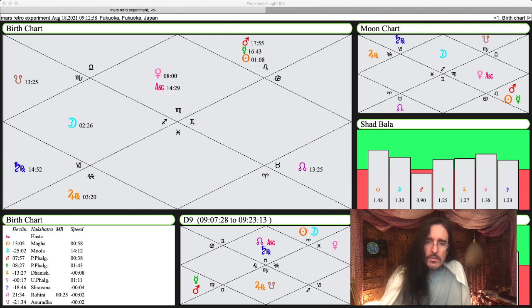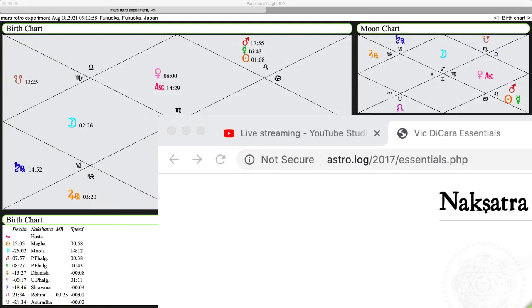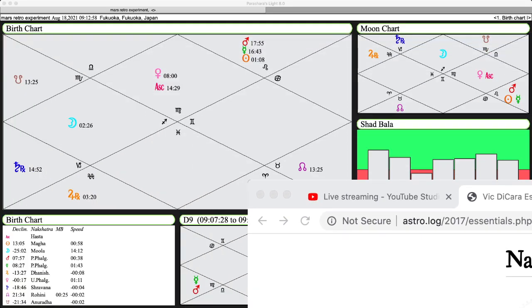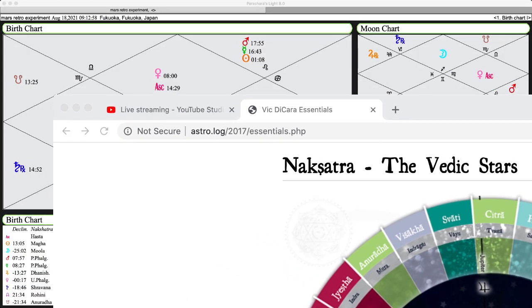Do a window capture. We're going to do this. And now it's gigantically huge. So we'll just make it reasonably viewable.